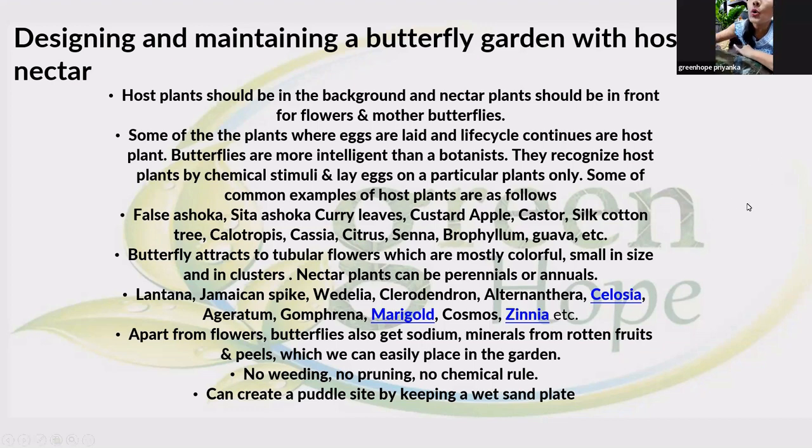So here, host plants should always be in the background and flowering plants should be in front.